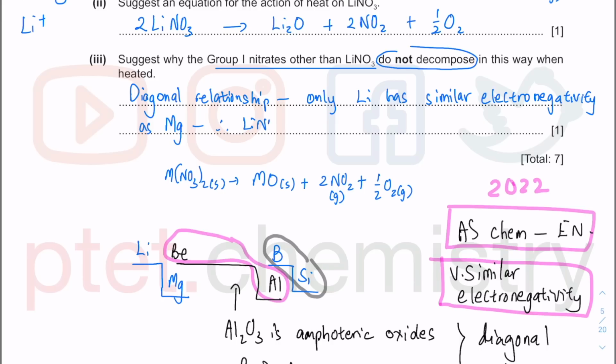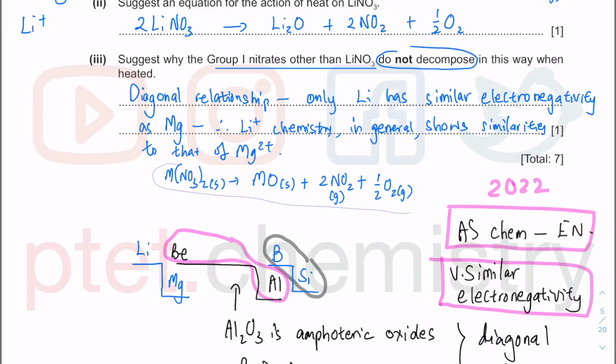Therefore, lithium nitrate follows, not just lithium nitrate actually, lithium chemistry, Li+ chemistry in general, shows similarity or resembles that of magnesium, the group 2 metal, that of Mg2+ there. Okay, so hopefully that makes sense there.